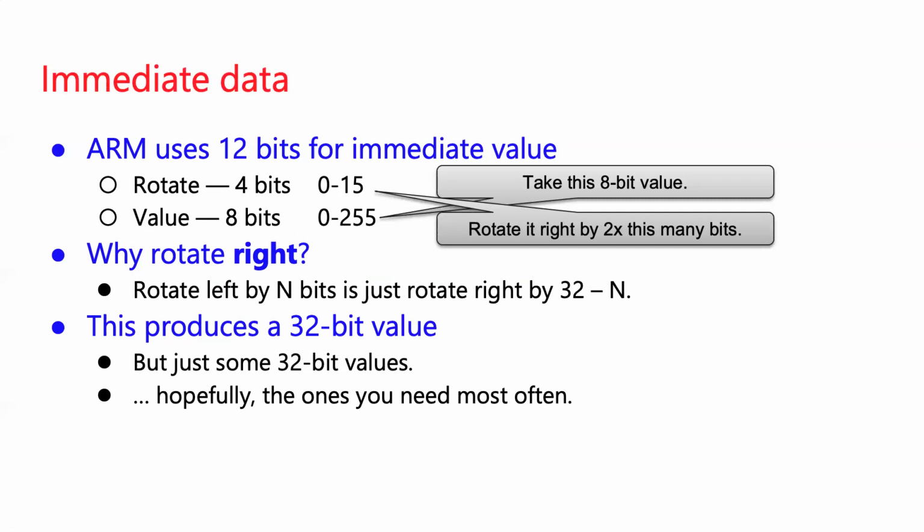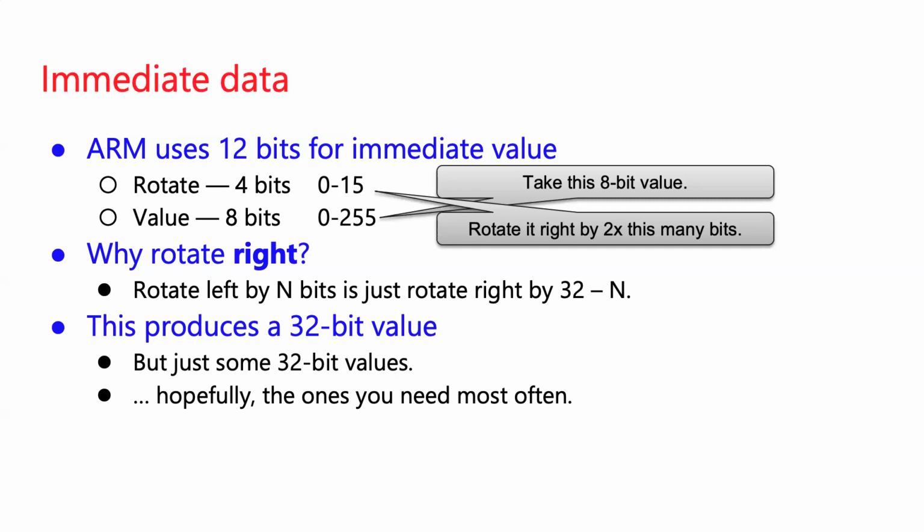So that right rotate you can think of as a left rotate if you want, just with 32 minus whatever the offset is. So effectively, we're going to use that to move the bits either way you want. The rotation is just expressed as a rotate to the right.